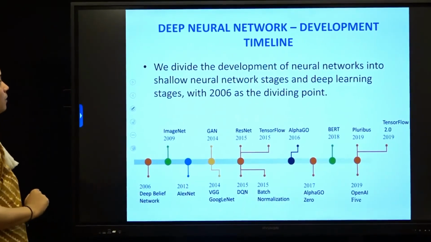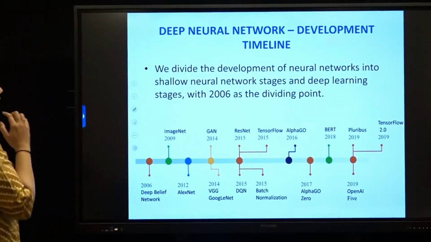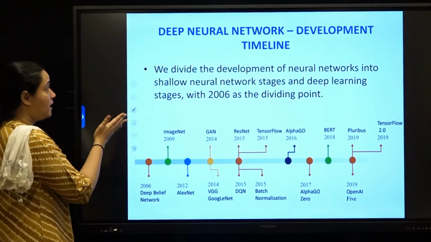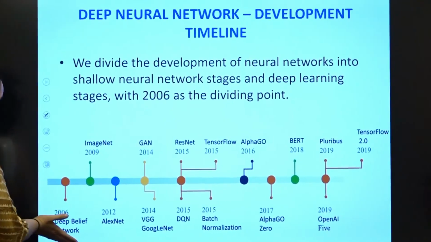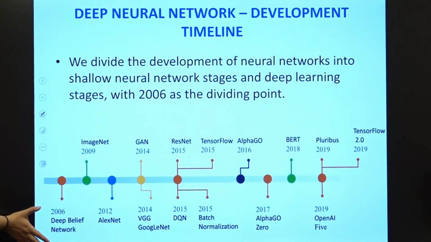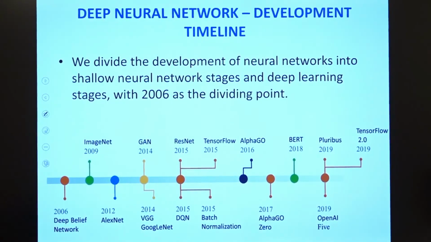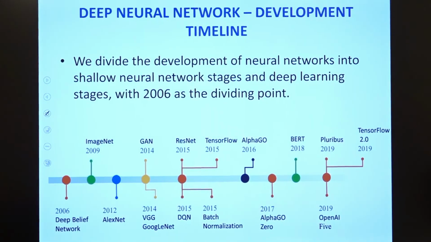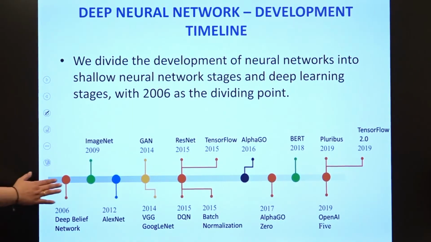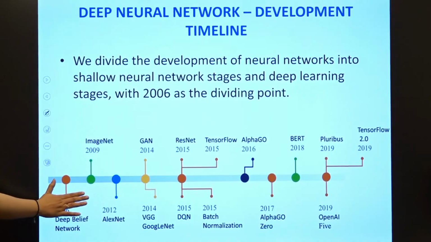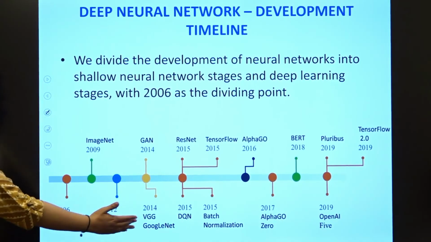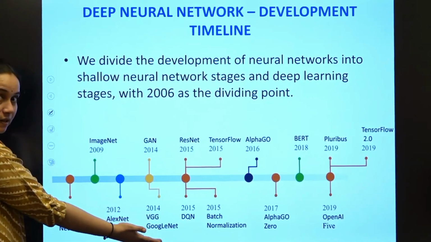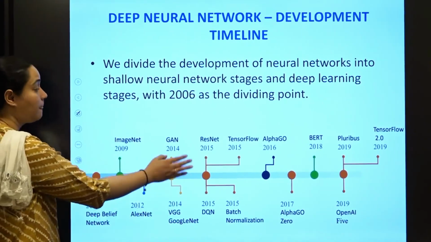Now, talking about the development stages of the deep neural network, we divide the development of neural networks into shallow and deep. I am now talking from 2006 onwards, where we come across the deep belief network, then in 2009 ImageNet, then 2012 the CNN AlexNet, and 2014 VGGNet and GoogLeNet, again part of CNN.